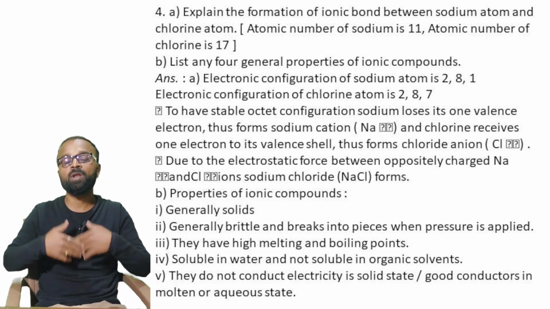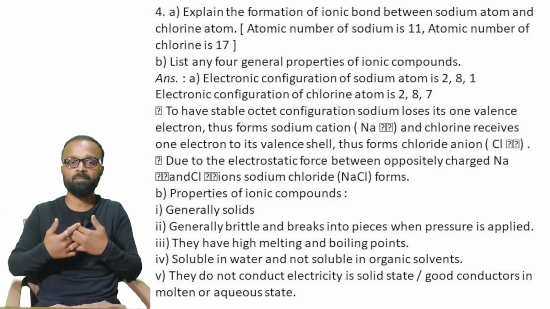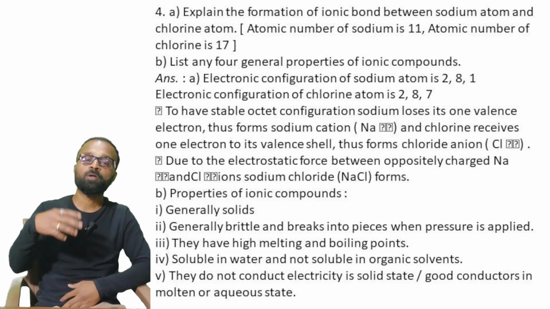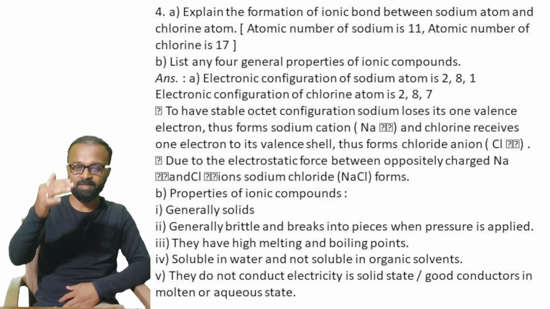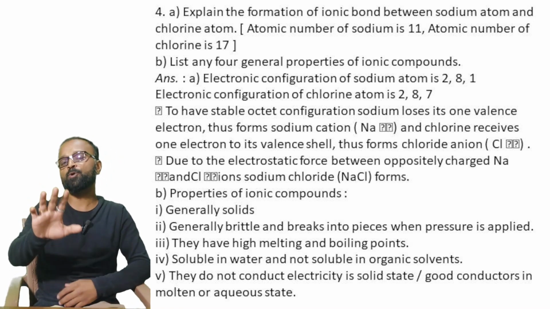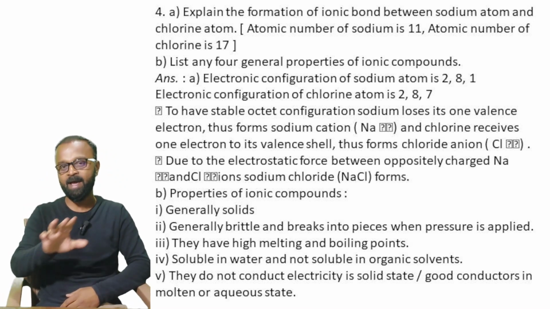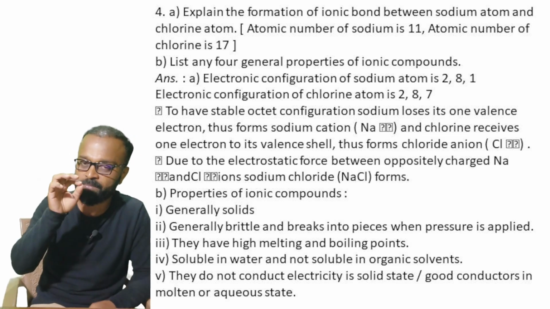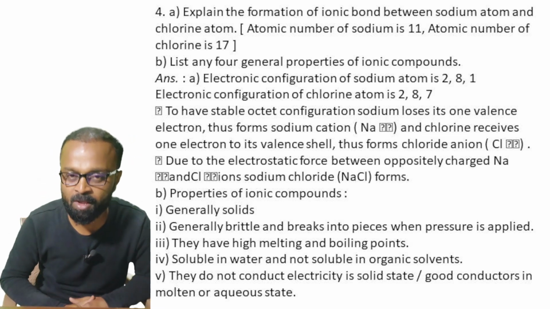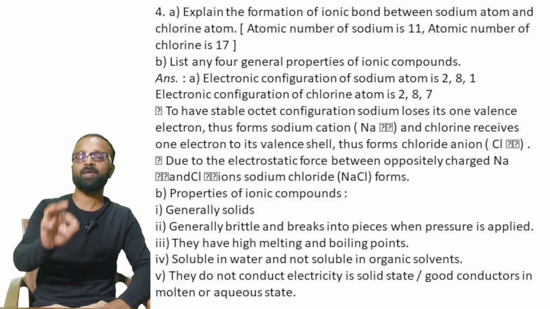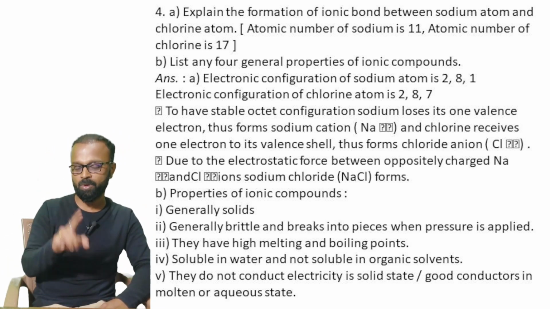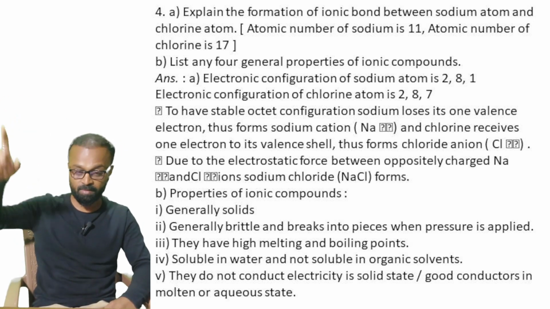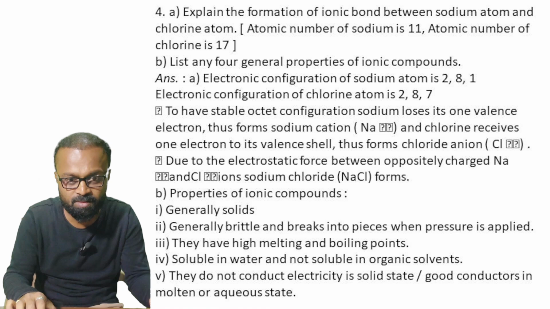Then write that sodium will lose 1 electron to form the sodium cation, and chlorine will gain 1 electron to form the chloride anion. Step by step you write these points, then you go for the dot structure. Do not write the dot structure directly, you will definitely lose a mark, and 100% they are going to ask this question, sodium chloride or magnesium chloride. In case they miss the dot structure of sodium chloride or magnesium chloride, they will go for the carbon compounds chapter. We already discussed this.